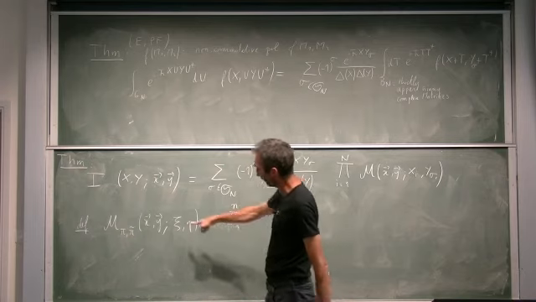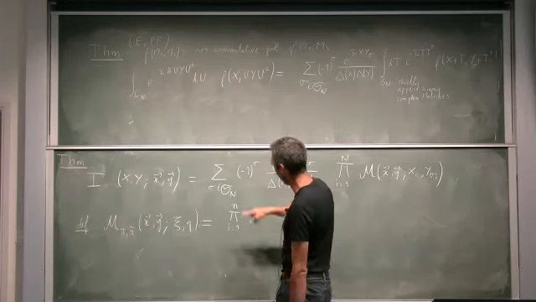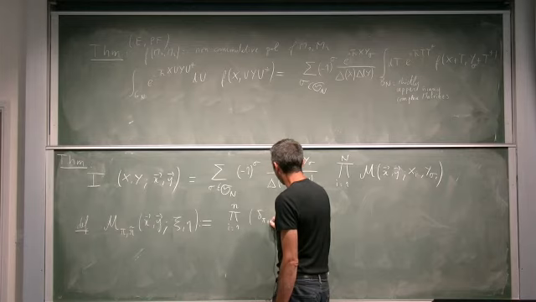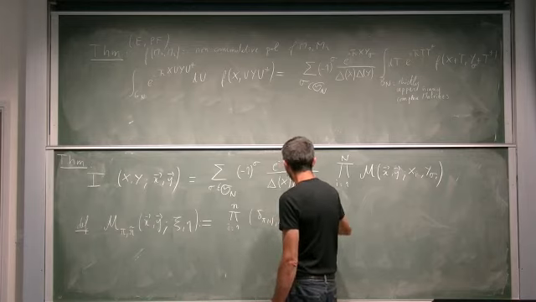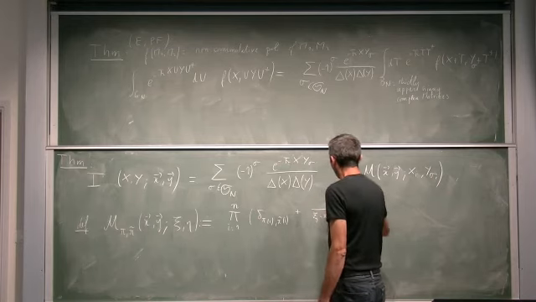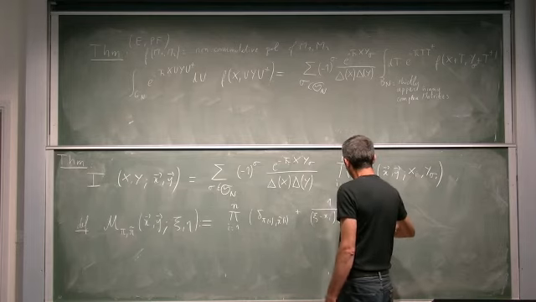This is small n, the size of the vector x here. This is not the same thing as the big N here. Delta pi of i, pi tilde of i, plus 1 over xi minus x_i, eta minus y of pi of i.